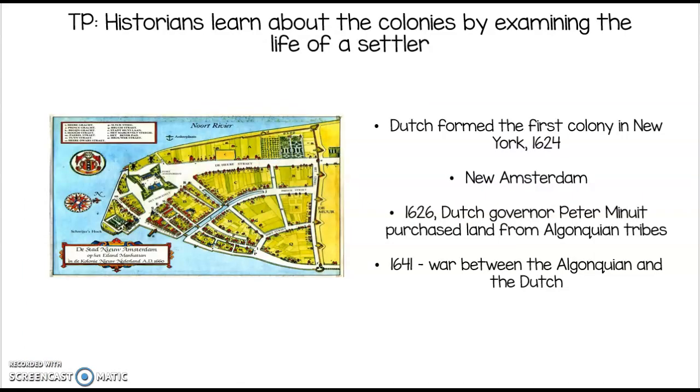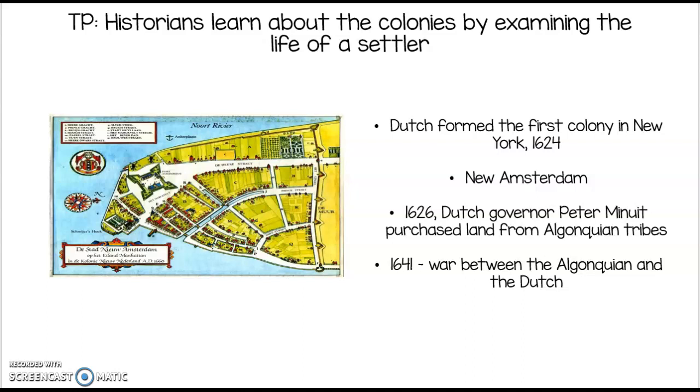All right, so in 1624, the Dutch formed the first colony in New York and named it New Amsterdam. Two years later, the Dutch governor, Peter Minuit, purchased land from the Algonquin tribes. However, the Native Americans did not know they were selling their land to the Dutch.